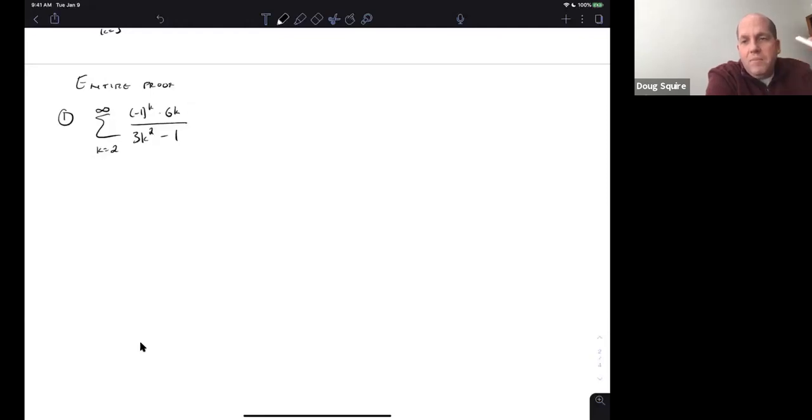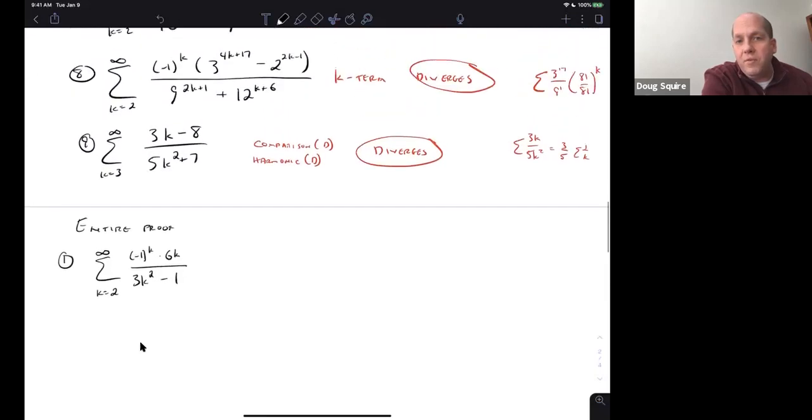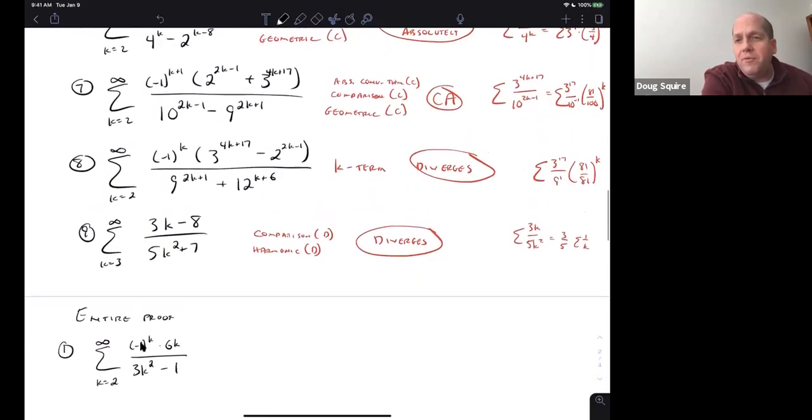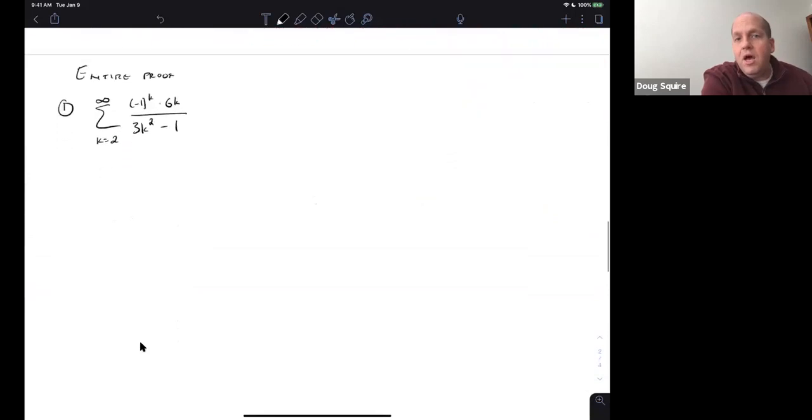Then we're going to do a comparison test, and it's going to diverge because of the comparison test. And then this is alternating, and it does go to 0. The sequence goes to 0. So this is going to converge conditionally by the alternating series test. So we should know the answer and the basic structure of the proof. We should know all of this stuff that we're writing up here. We should know that before we write anything, really.